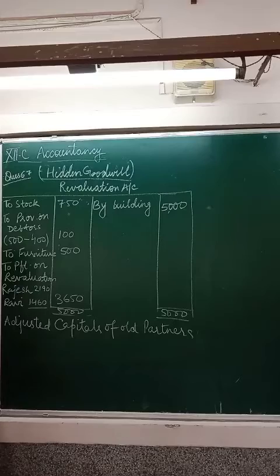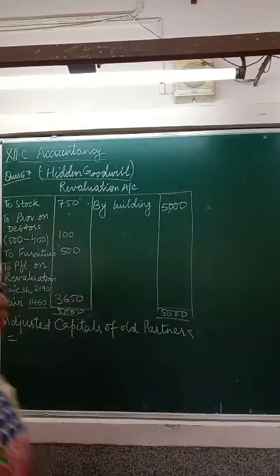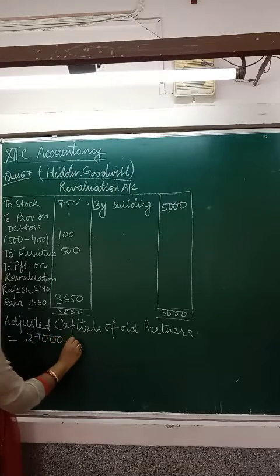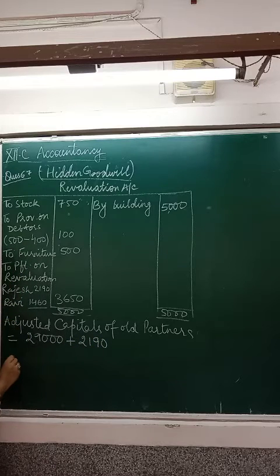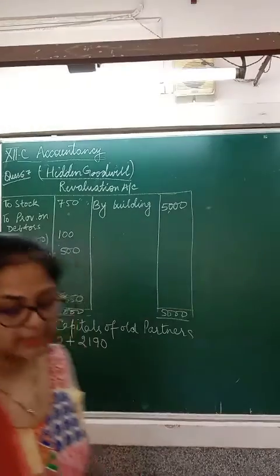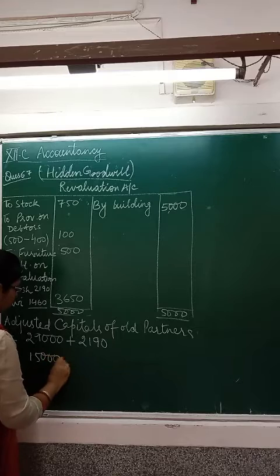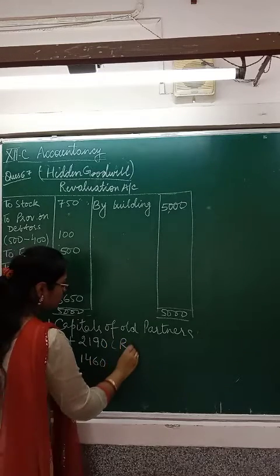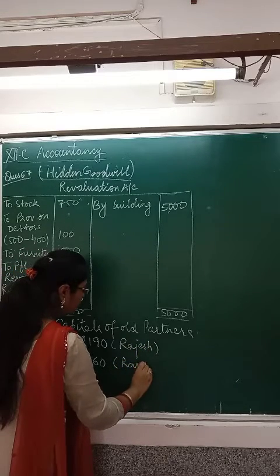Now the adjusted capital of old partners means for Rajesh it is 29,000 plus the profit on revaluation. Also for Ravi it includes his capital which stands at rupees 15,000 plus 1460. So this is for Rajesh and this is for Ravi.